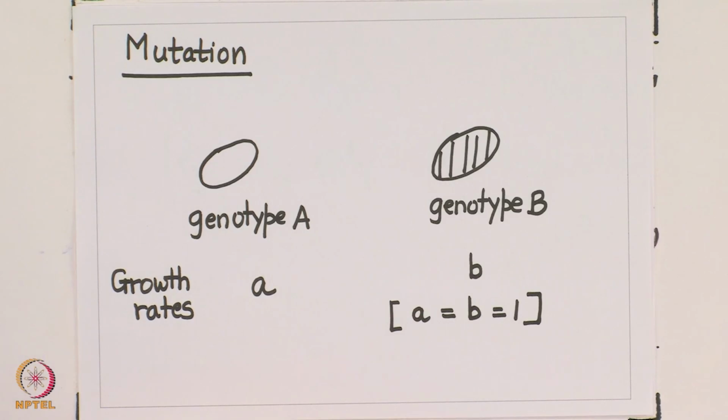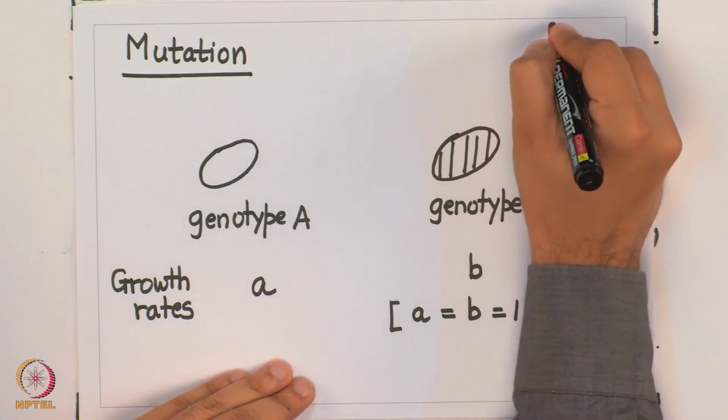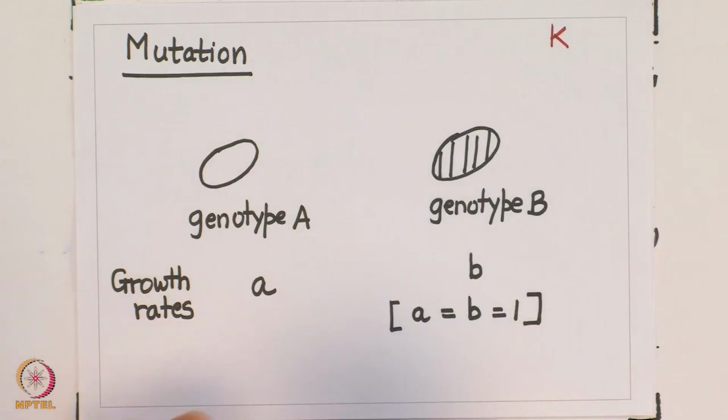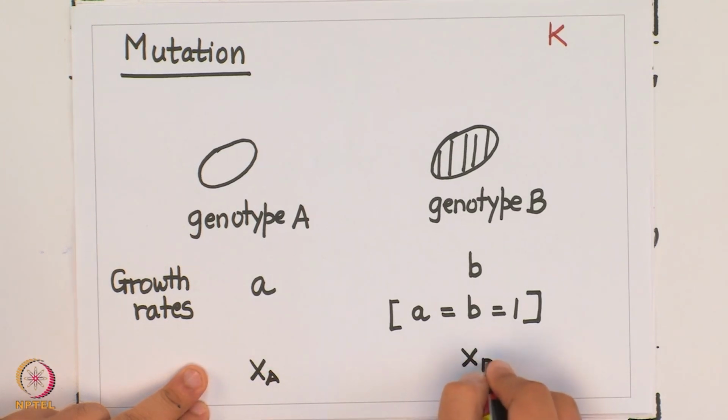So now again we have an environment where the total number of individuals is constrained to be equal to K, the carrying capacity K, and the fractions of individuals of each type are going to be referred to as XA and XB.